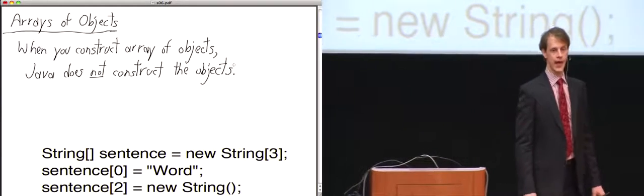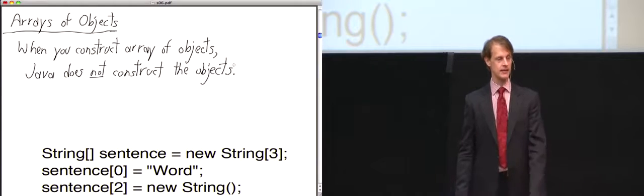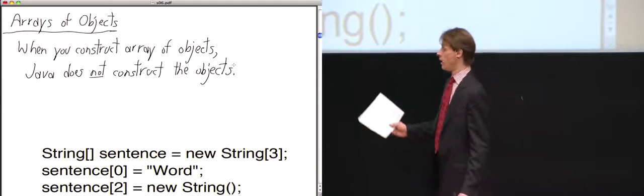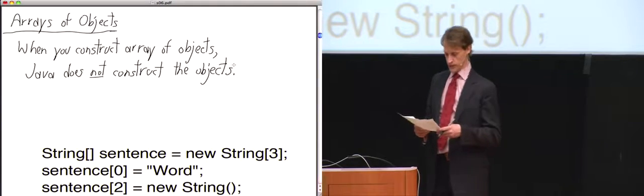And there are good reasons for that. Java doesn't necessarily know how you want to construct them, what numbers you want to pass into the constructors, etc. So you have to go through and create objects yourself.